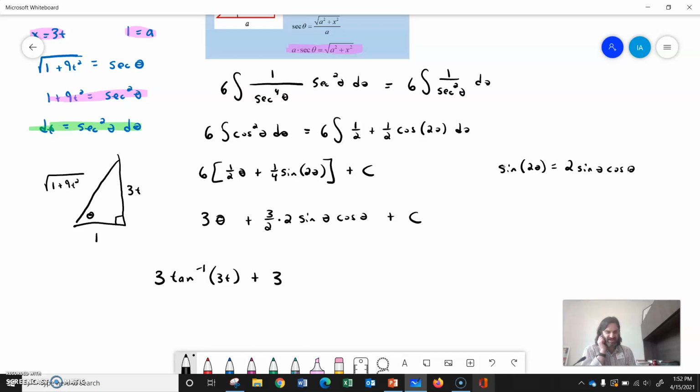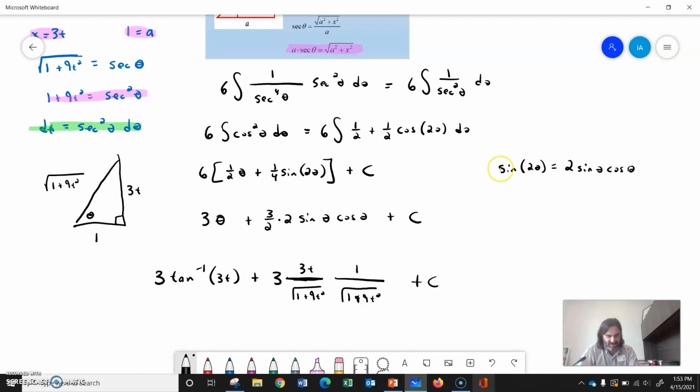And then we need sine times cosine. Sine is opposite over hypotenuse, so that's 3t over the square root of 1 plus 9t squared, times the cosine, which is adjacent over hypotenuse, 1 over the square root of 1 plus 9t squared, plus c at the end.